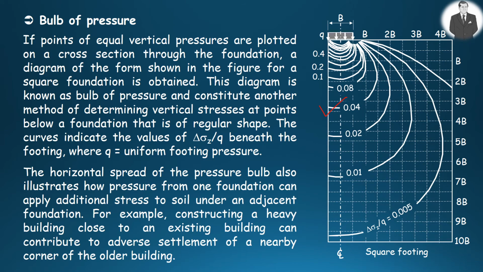The curves point out the values of delta sigma Z over Q beneath the footing, where Q is the uniform footing pressure. The horizontal extent of the pressure bulb also displays how pressure from one foundation can apply additional stress to soil under an adjacent foundation. For example, building a heavy structure close to an existing one can contribute to adverse settlements of a nearby corner of the older structure.